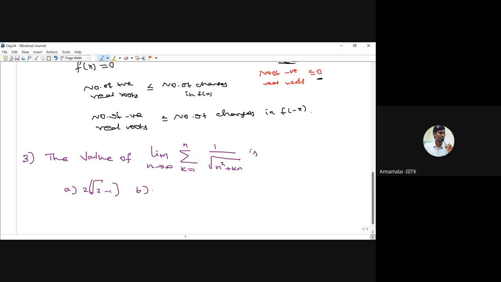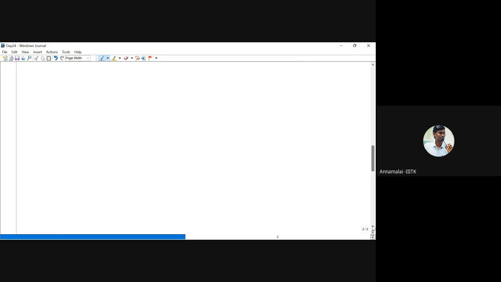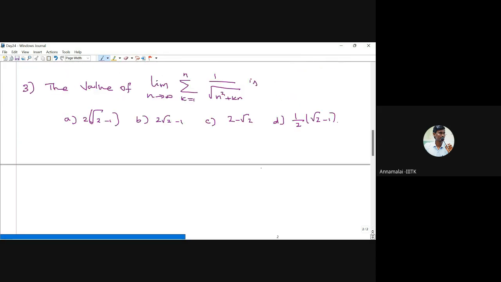Second option 2 into square root of 2 minus 1. Third option 2 minus square root of 2. Fourth option 1 by 2 times square root of 2 minus 1. So we have to write it in the form k by n. Already we know that, so we have to convert this into this format.